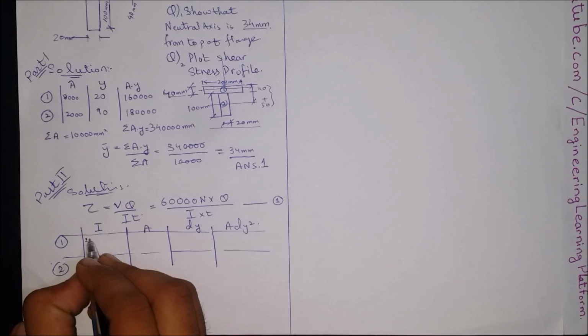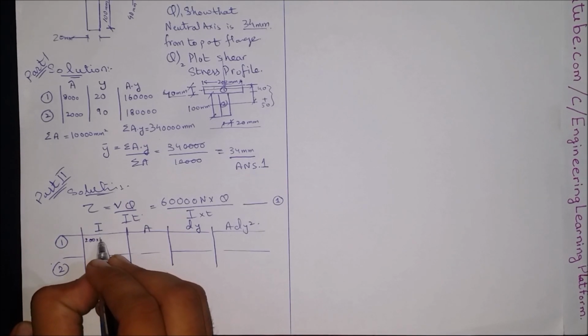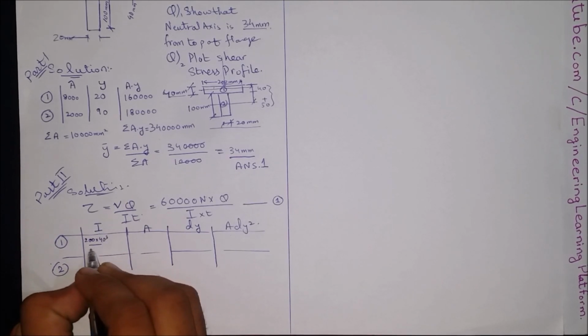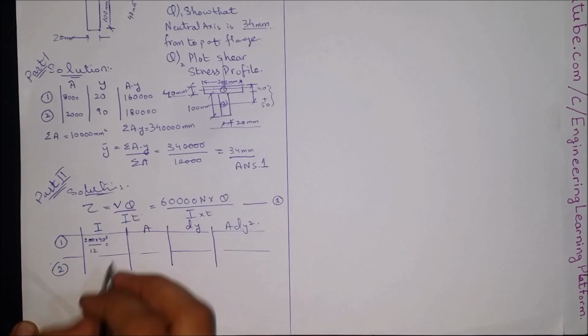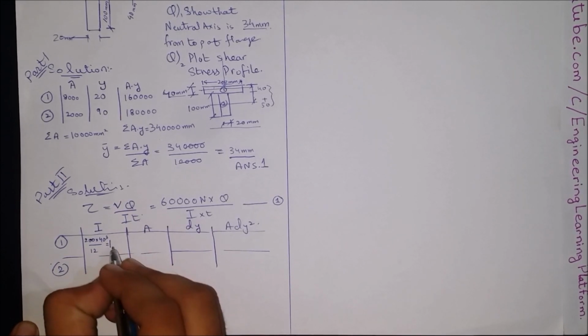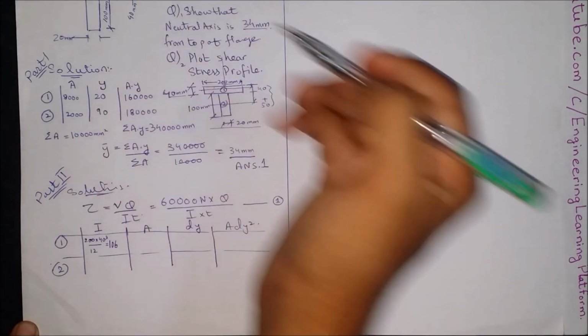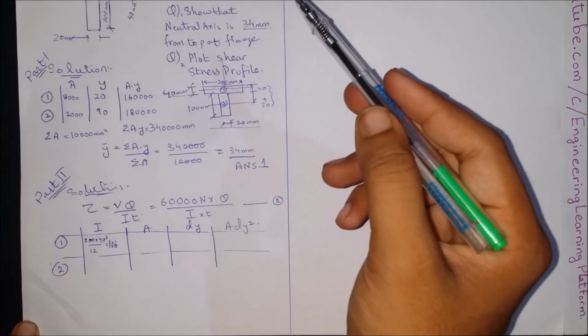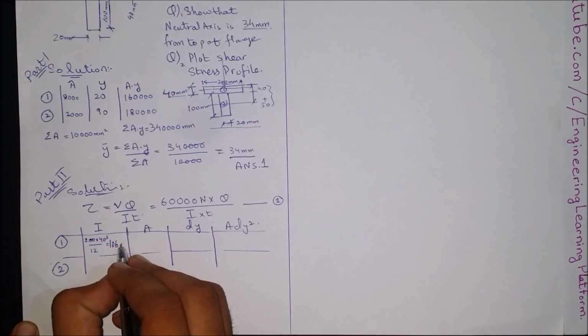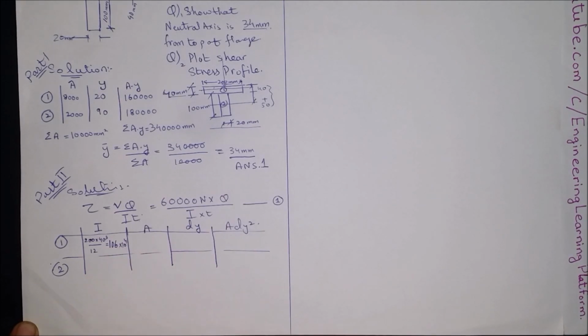So it comes out to be 200 into 40 cubed divided by 12. That is 1.06 times 10 to the power 6 millimeters to the fourth.